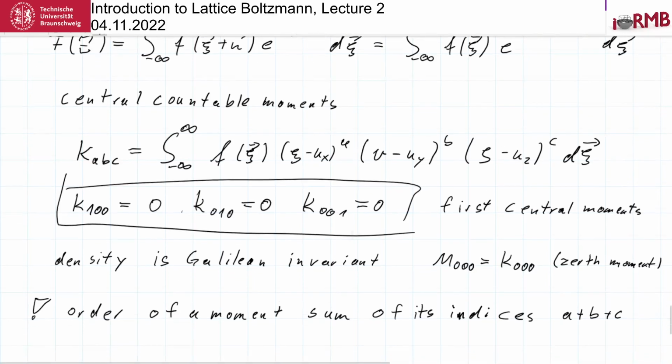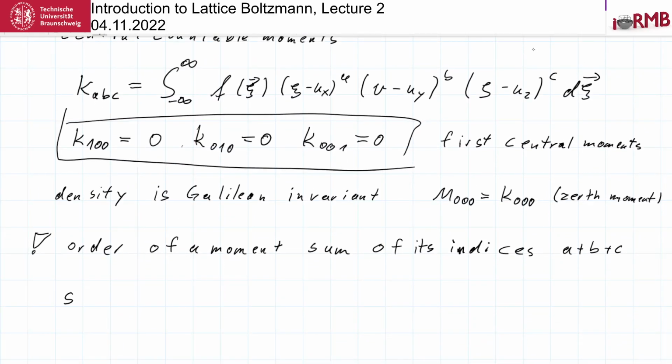So for example, how many second order moments do we have? Can you make the guess? So we have M200, okay, I should write this capital. Literature is not consistent, so I'm also not consistent with writing this large or small.